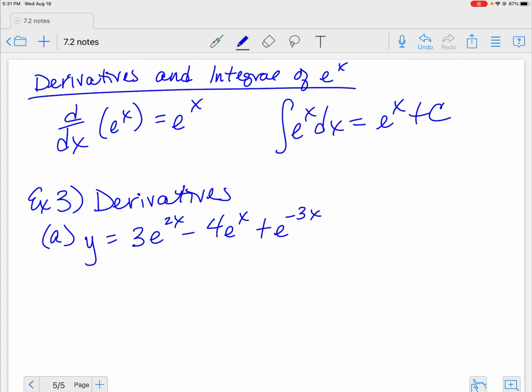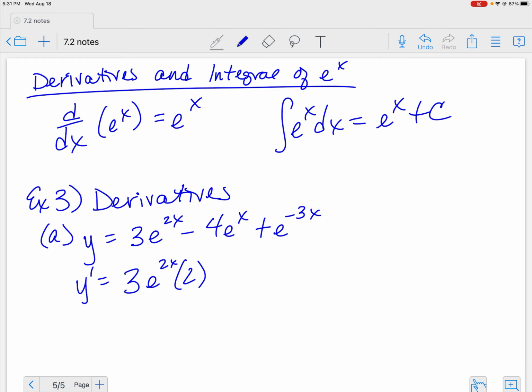This is just a polynomial. So y prime, notation, right? So the coefficient's still just the coefficient. E to the 2x times the chain rule. You still multiply by the derivative of the inside function, and the inside function for us here is 2x, right?